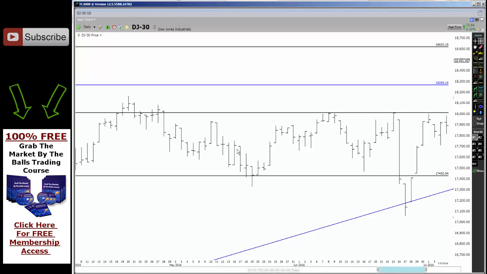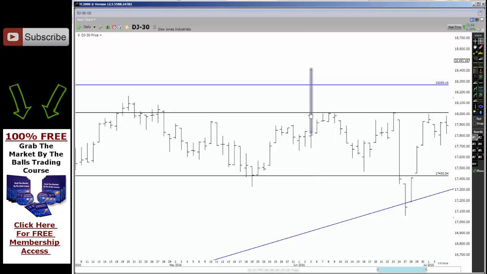So you can see we have a sideways channel, and what you want to do is draw a trend line connecting the highs. You go to the high point up there, and I'm going to draw this down roughly around where the bottom is. As you can see, I've connected from the high of the channel to the low of the channel.